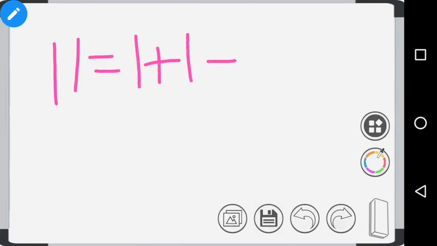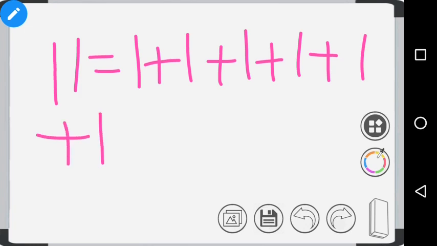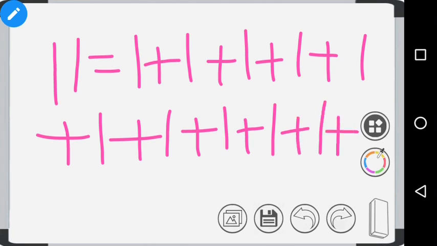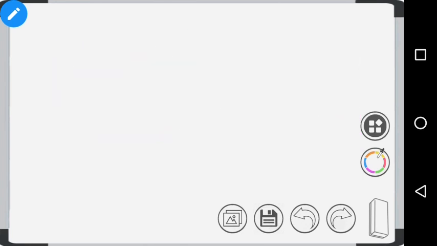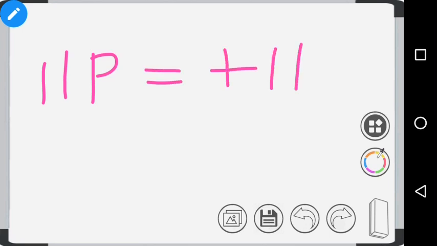Am I correct? How will the number 11 come? 1 plus 1 plus 1, and so on up to 11. We are adding the number 1. It is very simple maths. So 11 protons will have plus 11 charge.